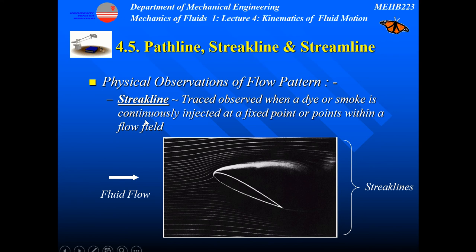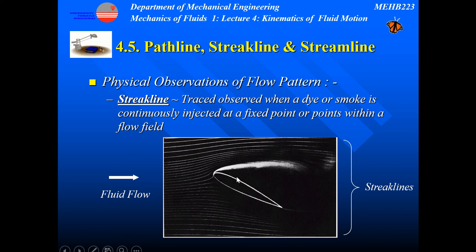Another term is streakline. Streaklines are observed when a dye or smoke is continuously injected at a fixed point or points within a flow field. As you can see here, this pathline stops here, where there is an obstruction.